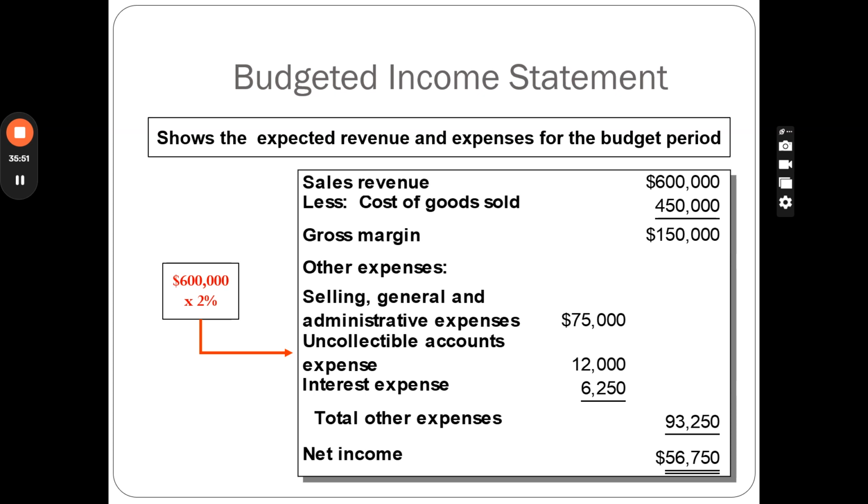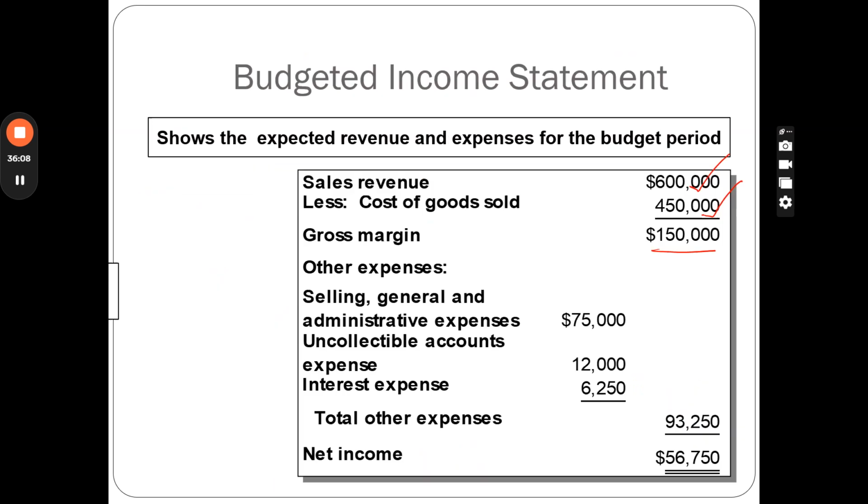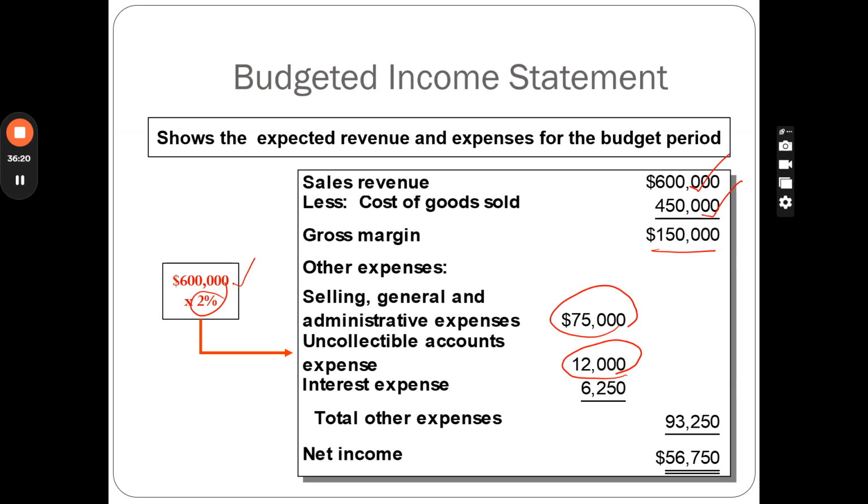So once you have all these things, you have your sales budget and you prepared your cost of goods sold budget that we have seen in the previous slide. So you will get the total gross margin. And now from here, in the previous slide, we got 75,000 as our selling and administrative budget. And maybe we have 2% of sales we are expecting won't be collected. So that's a bad debt expense, for example 12,000, and you have to pay some interest for the loan you have.